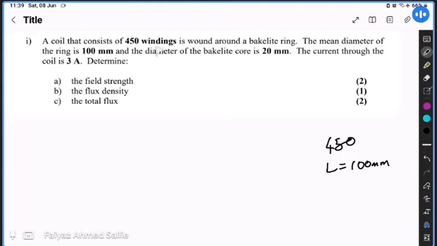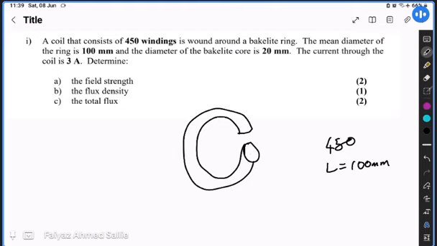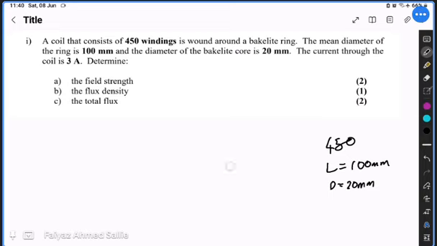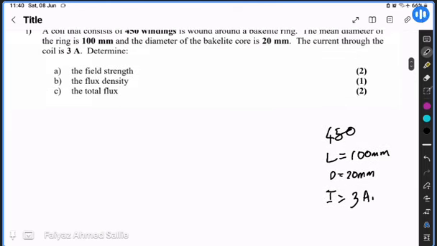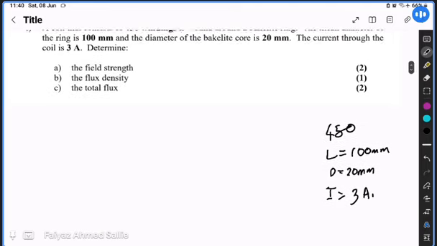Next is the diameter, which is the cross section of the wire. So this area here is the diameter of the wire, which is 20 millimeters. And we have a current of 3 amps. So determine the field strength, the field density, and the total flux.